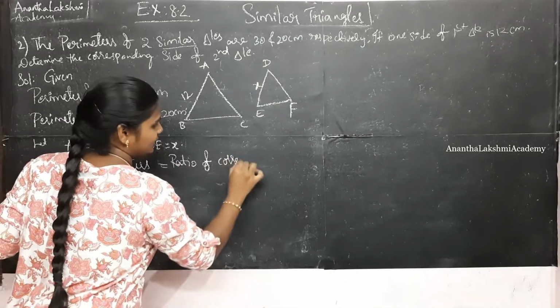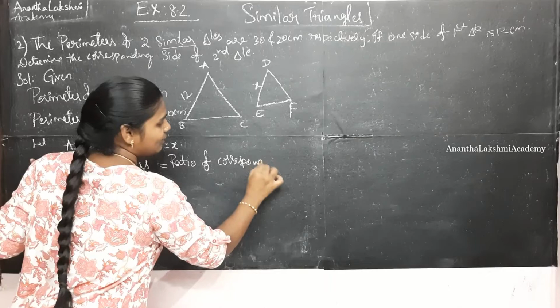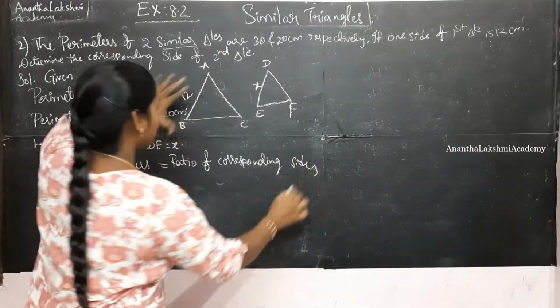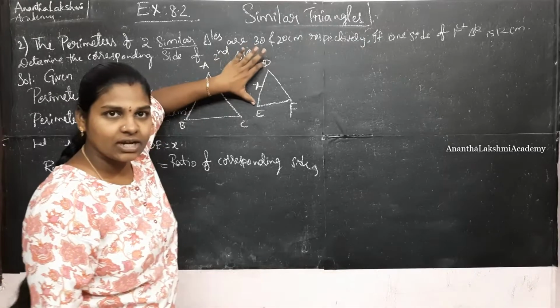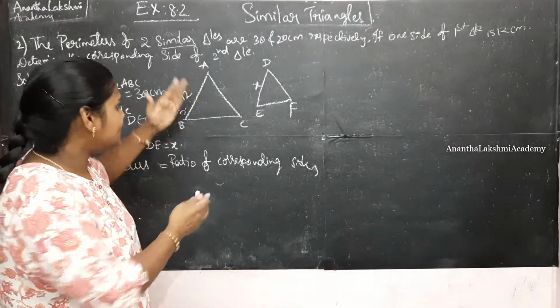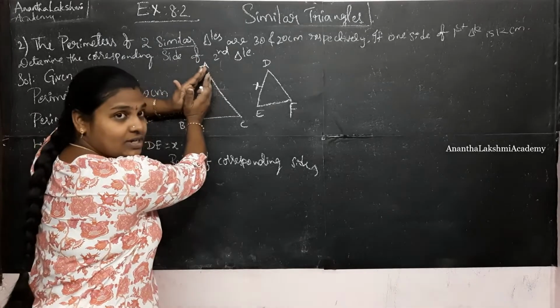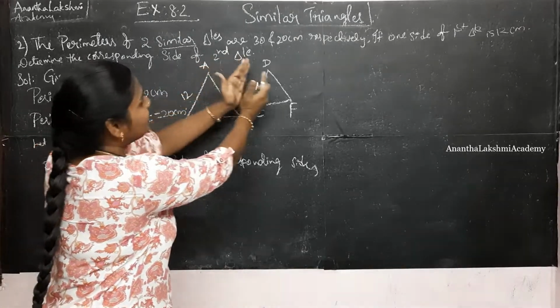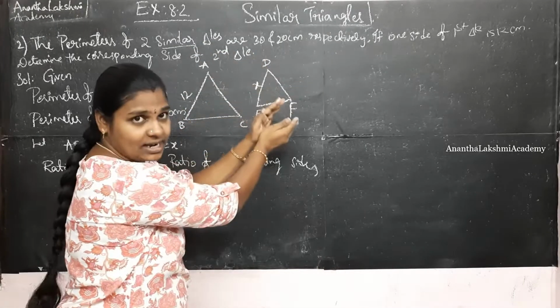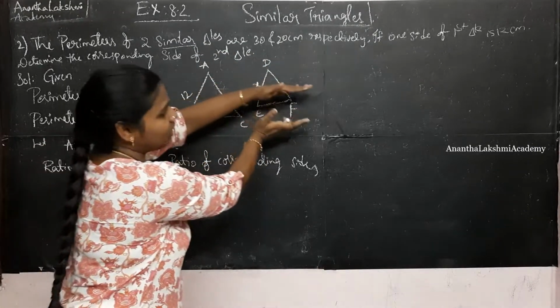corresponding sides. When I say corresponding sides, it means that when you take AB, you have to consider DE, not EF. When you take this side of a triangle for the ratio, you have to take only that same side of the second triangle as well. If you take the base, you have to take the base.